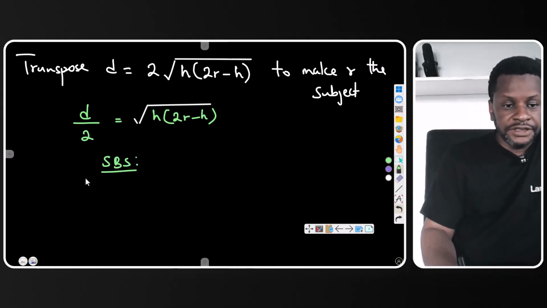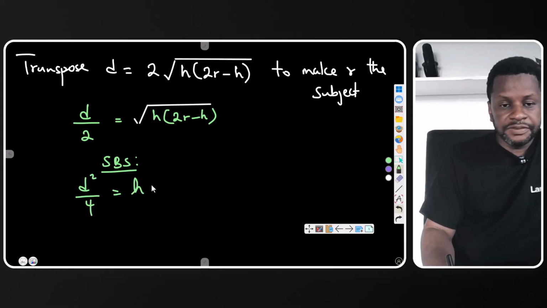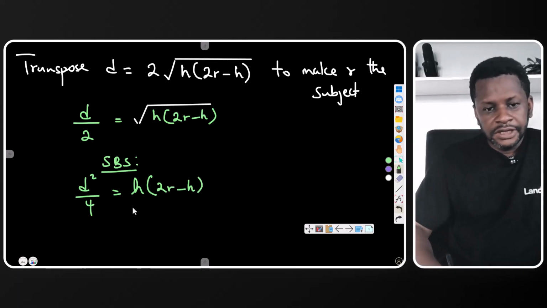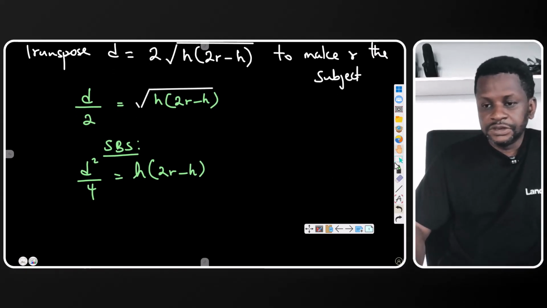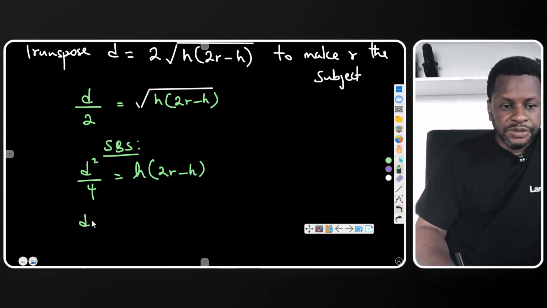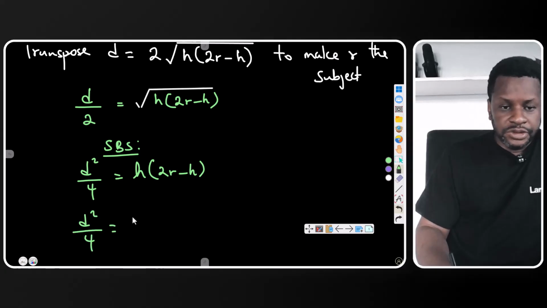So if you square both sides, it's going to be d squared over 4, and of course you're going to have h here and 2r minus h. Now you can begin to solve this to make it a lot easier. So that's d squared over 4, which is going to be 2rh minus h squared if you expand this.